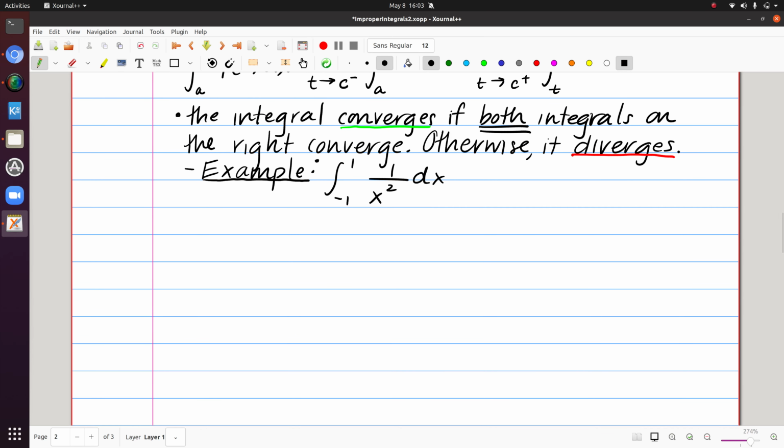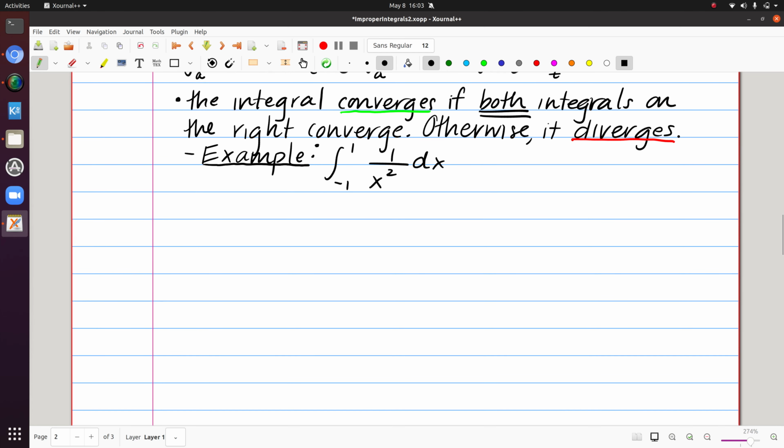So here we have a discontinuity of 1 over x squared. That's discontinuous at 0, which is not an endpoint, but it's within my interval. And I should point out, it doesn't have to be exactly in the middle like this example, but it's between -1 and 1. So in approaching this, the way we're going to do this is I'm going to, first of all, write this as the integral from -1 to 0 plus the integral from 0 to +1.